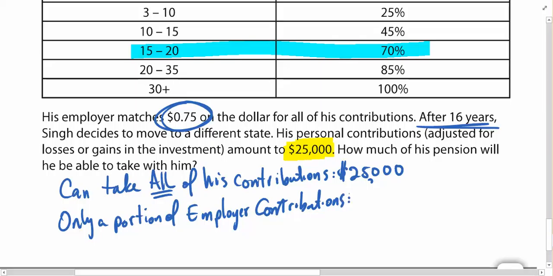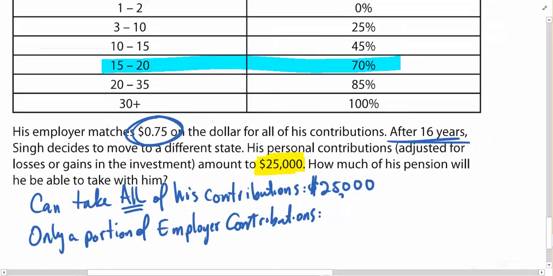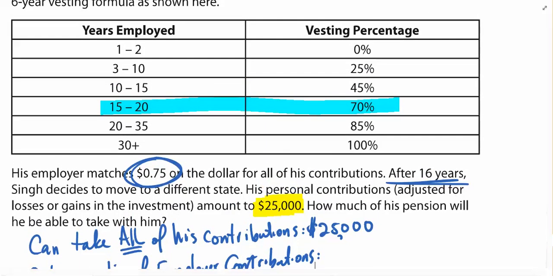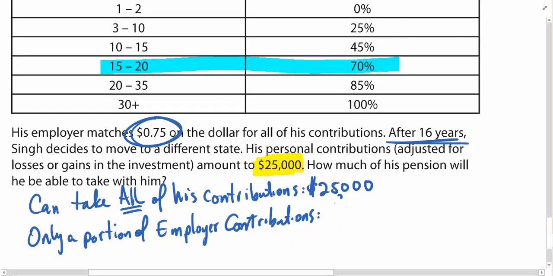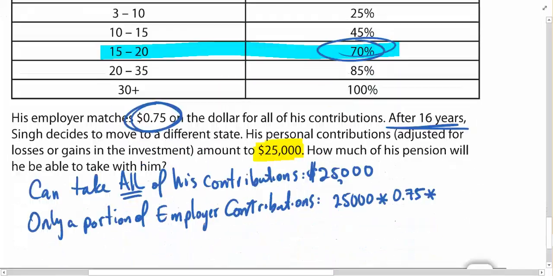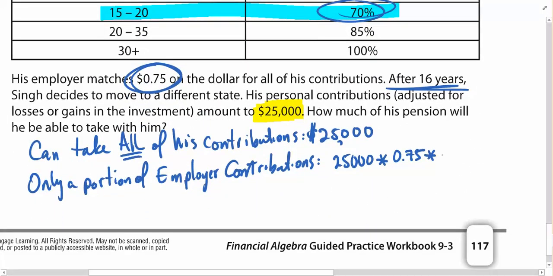And this is the business's way of trying to get their employees to stay longer with the company rather than moving around. So let's find out how much that was. Now, Singh put in $25,000 of his own money in the investment, but his company matched 75% of that, or 75 cents on the dollar. And according to his pension level, or his vesting percentage, he can keep 70% of that number.